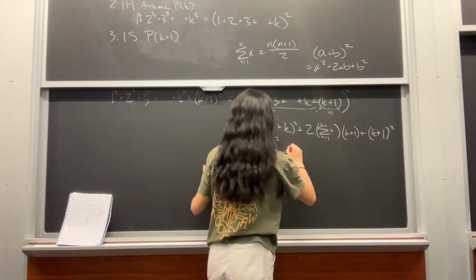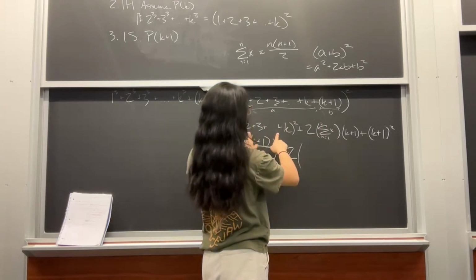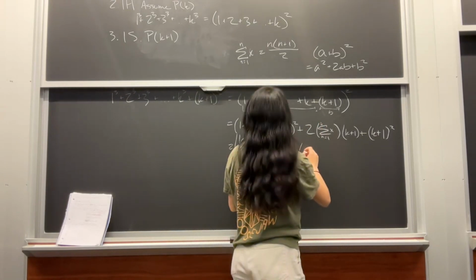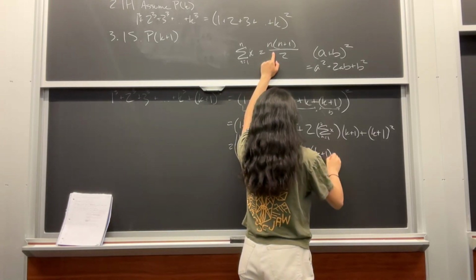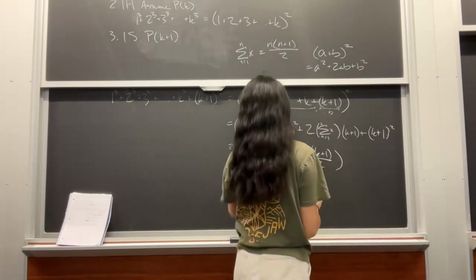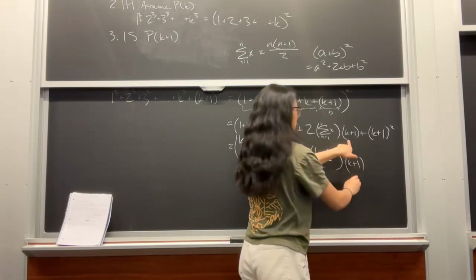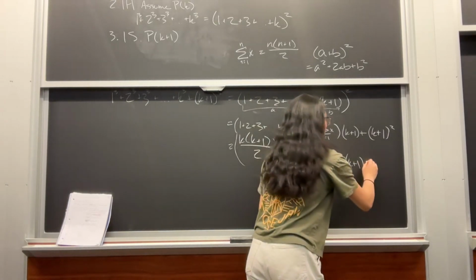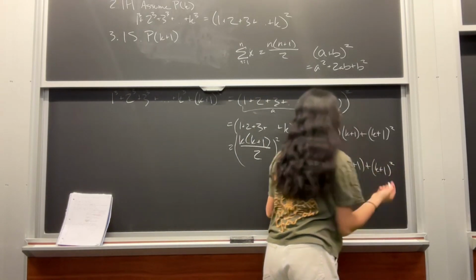And then we can add 2 times, and then remember that a term is the same thing we have here. So let's pull this formula down again. So k times k plus 1 all over 2. And then times k plus 1, which just came from up here, plus that (k+1) squared.